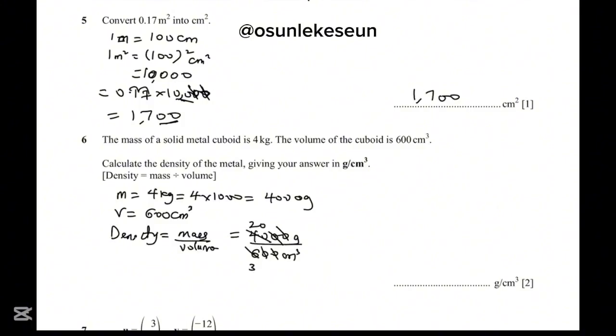So that means we're dividing 20 over 3 grams per cm cubed, and 20 over 3 is going to give us 6.67 grams per cm cubed.